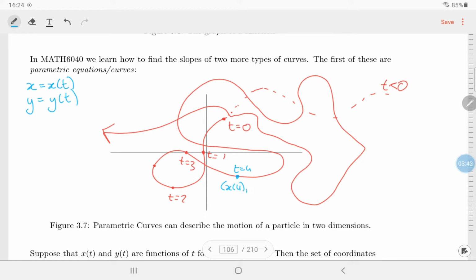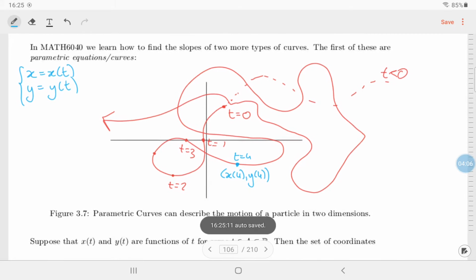There'll be some function of y, you put in t equal to 4, and you'll get the y coordinate there. So what a parametric curve really is, there's three variables, x, y, and t, and what you're plotting is the x and the y as the t changes. This is the idea here.